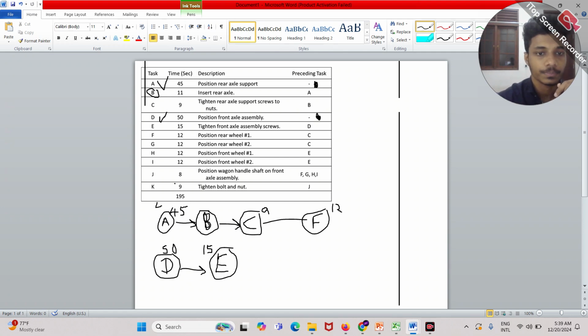So now F is completed. Now G, C output, right? Therefore I have to draw like this. G is one of the outputs of C, right? Task time is 12. Now I draw this one as well.